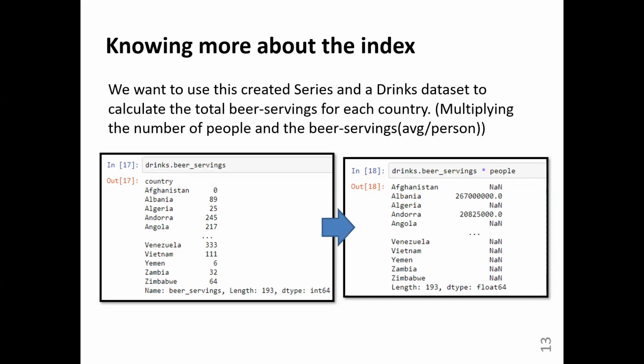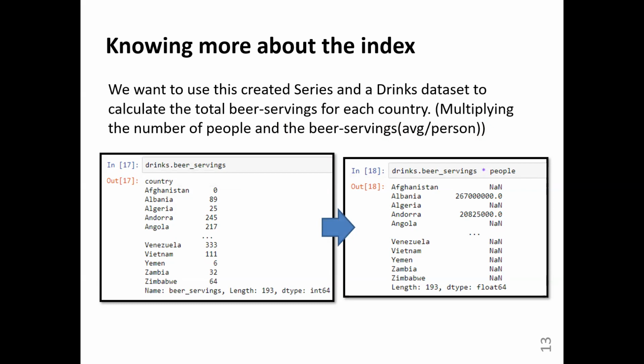What if I want to calculate the overall consumption of beer in these two countries? Did you get the question? The overall consumption of beer in these two countries is very simple: multiplying the population by the average that every person uses. Does that make sense? For doing that, look at the next.